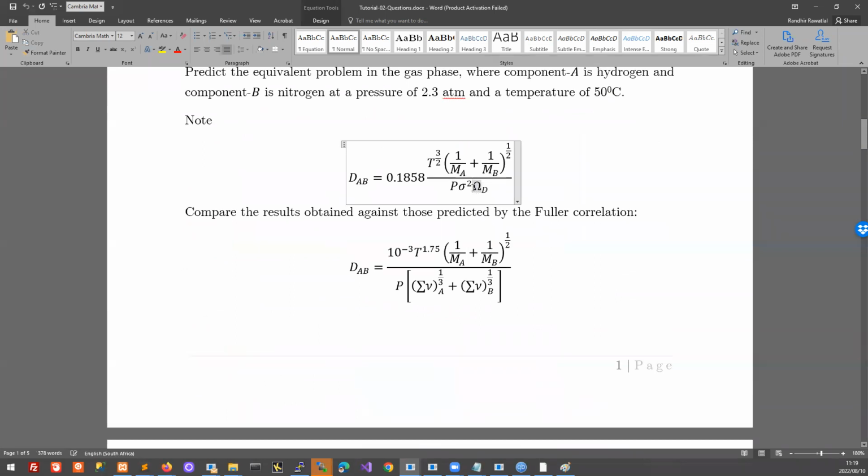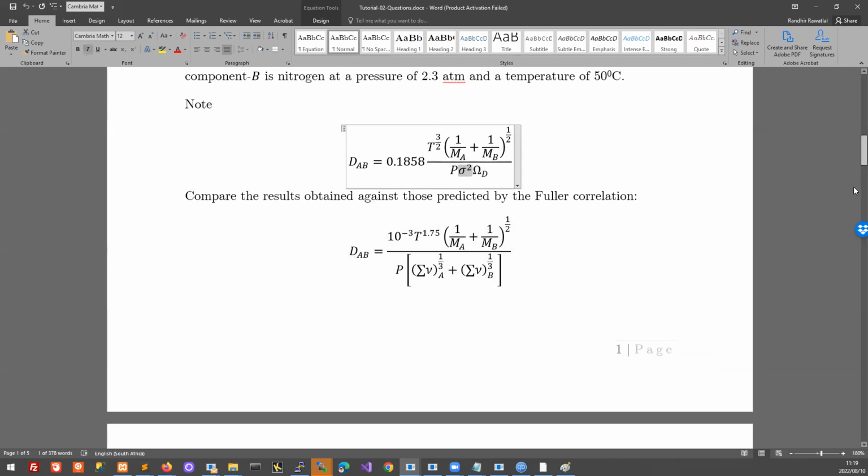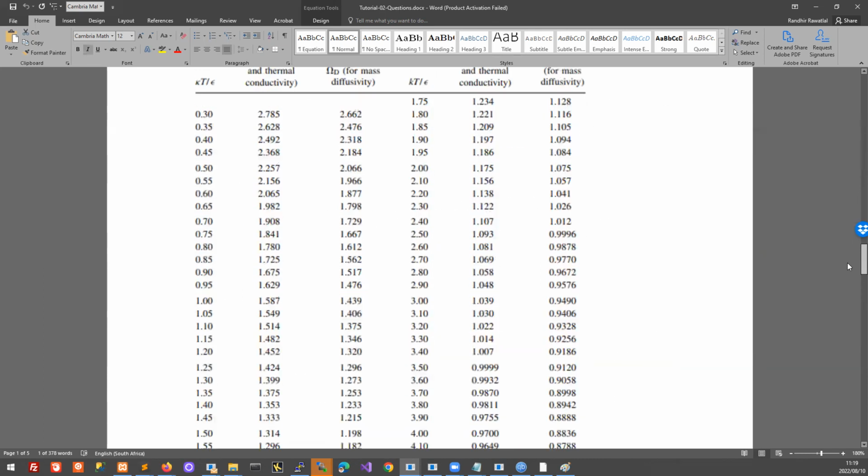And then there's the averaging. So just check, I think it's shown in detail in the textbook, the averaging for omicron. I think that one is a simple linear averaging for the two species, but just have a look at it. And then also for your sigma, you just look up sigma.